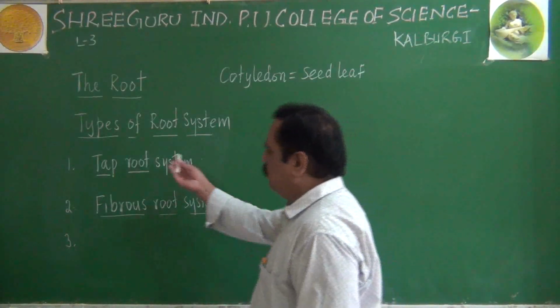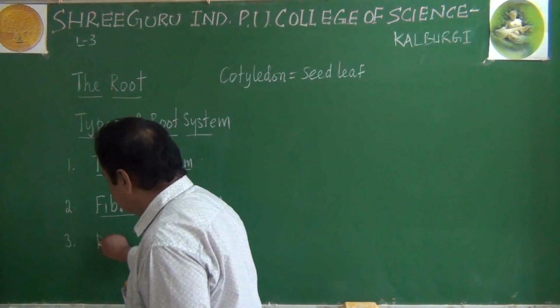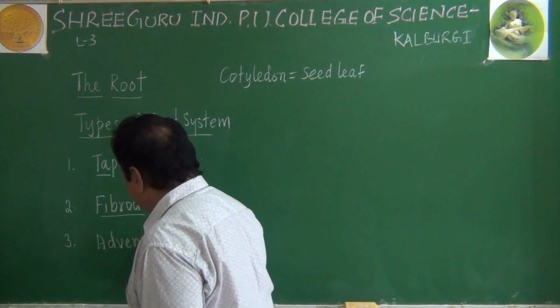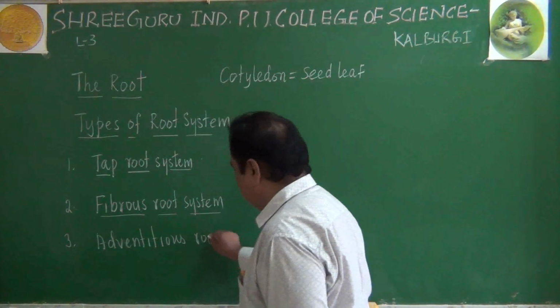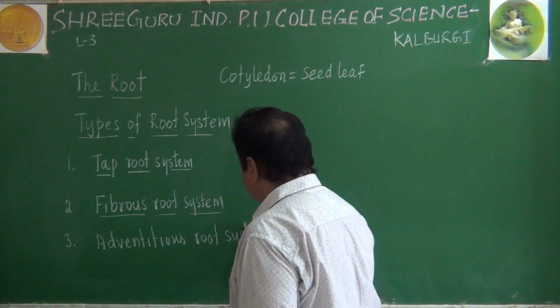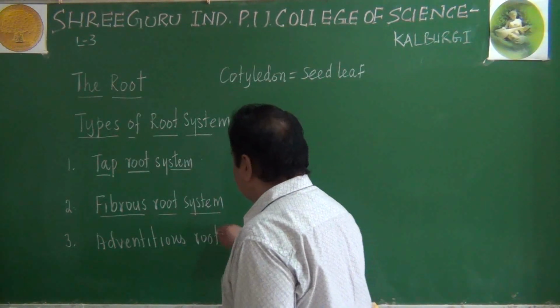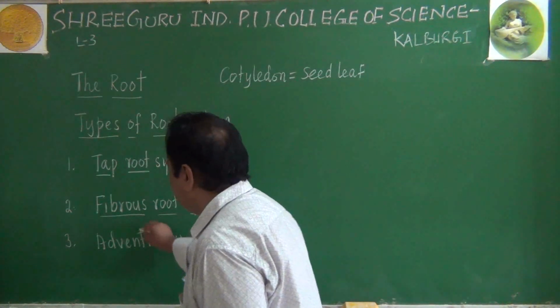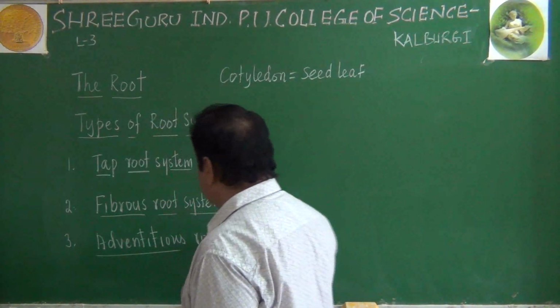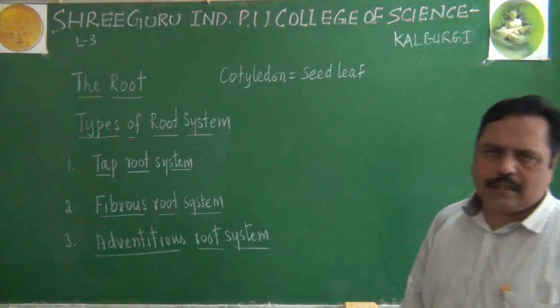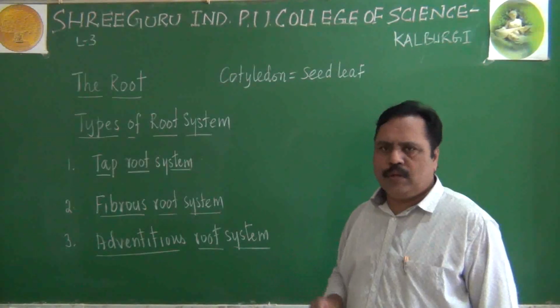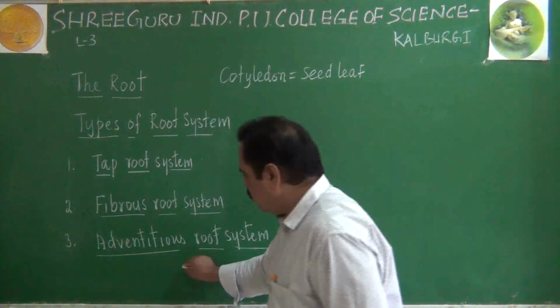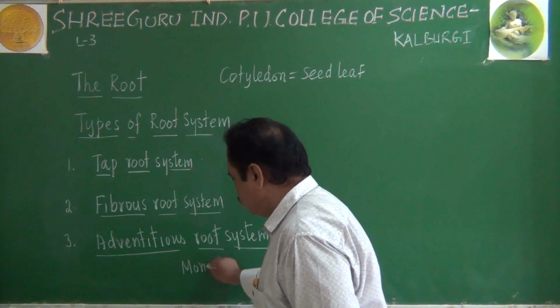The third type of root system is known as adventitious root system. Remember the spelling properly. This adventitious root system can be found in both monocots and dicots also.